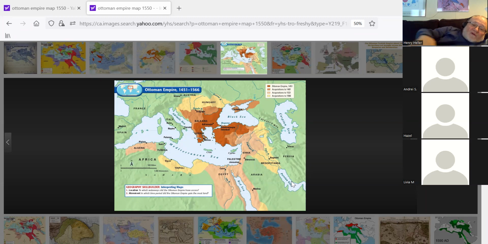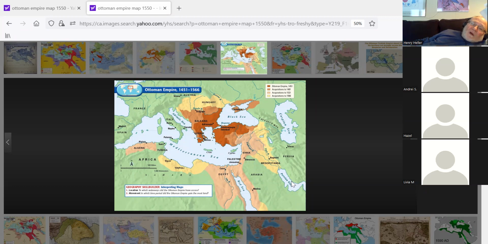And of course, you see all of the North African coast extending as far away as Algeria as part of this empire. And then Egypt, the whole of the Arab Middle East, including Saudi Arabia and the holy place, Mecca, which is the focal point of Islam. All of that is part of this empire. So it was huge.